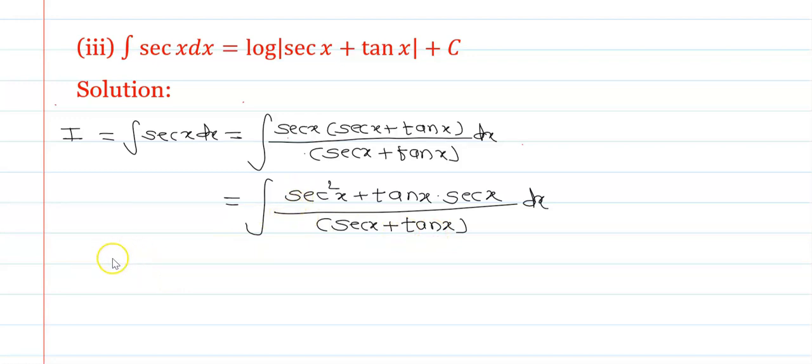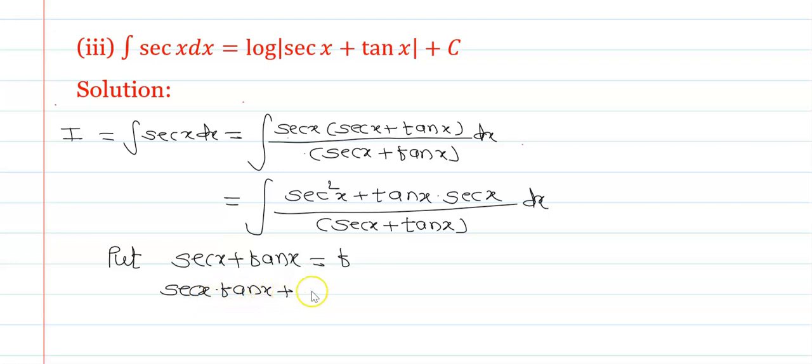And hence we put sec x plus tan x equal to t. Derivative of sec x is sec x into tan x, derivative of tan x is sec square x, and this bracket completed into dx equals dt.